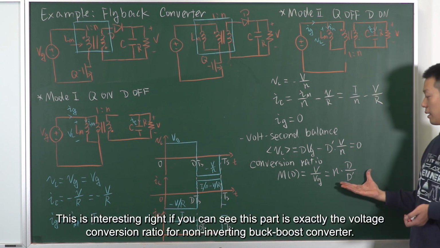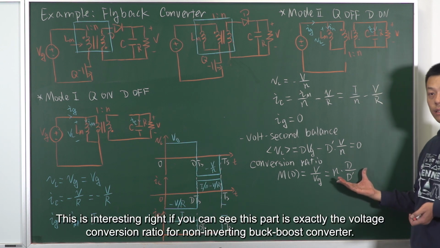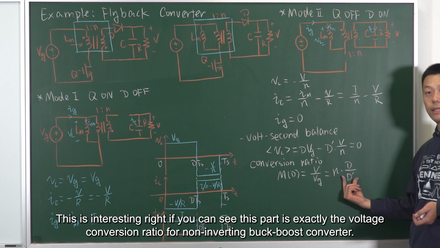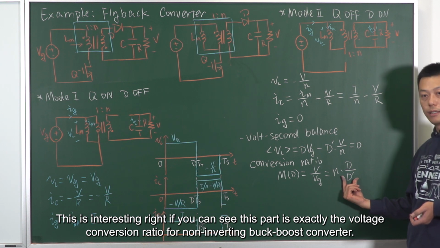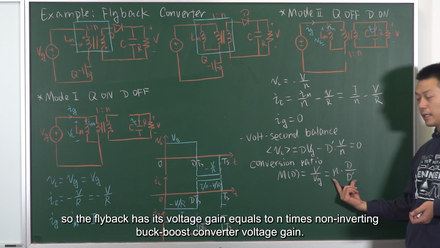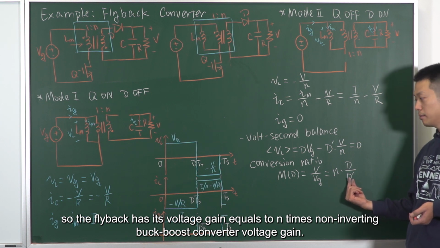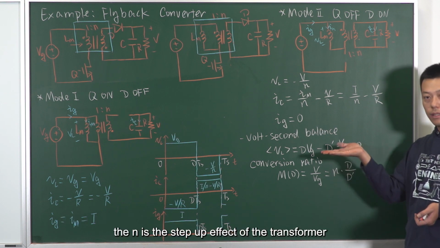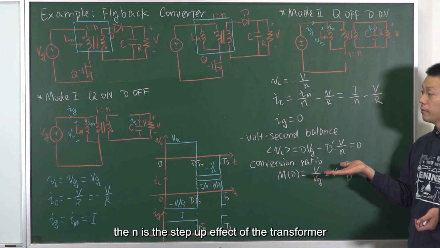This is interesting, right? This part is exactly the voltage conversion ratio for the non-inverting buck-boost converter. So the flyback has its voltage gain equal to N times the non-inverting buck-boost converter voltage gain. The N is the step-up effect of the transformer.